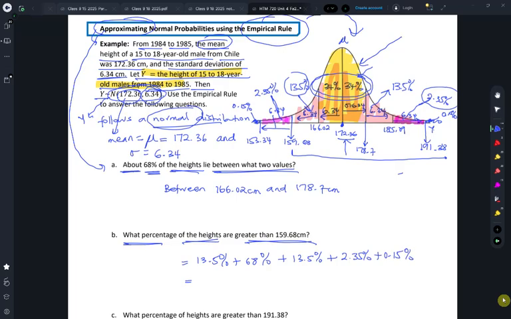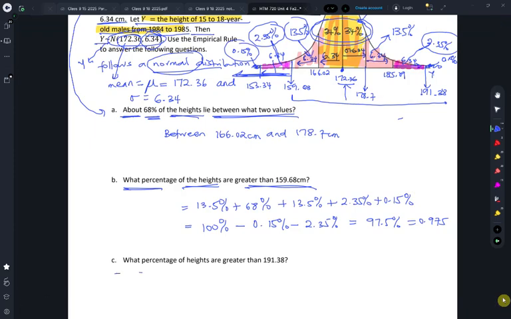Well, that would be the same as saying the total 100% minus the area to the left of 159.68. So that would be minus 0.15% and minus 2.35%, and that would give us 97.5% or 0.975.